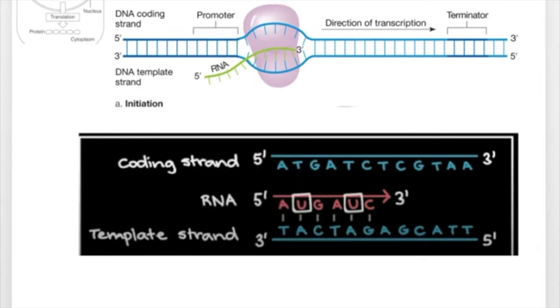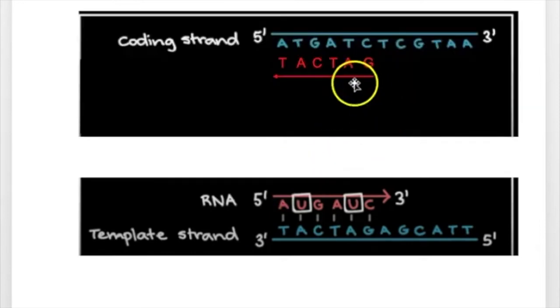So if RNA polymerase was doing this on both strands, like how DNA replication occurs on both strands at the same time on the leading and lagging strand, let's say this is what's actually happening: RNA polymerase is synthesizing a strand, adding to the 3' end, moving on the template strand from 3' to 5'.